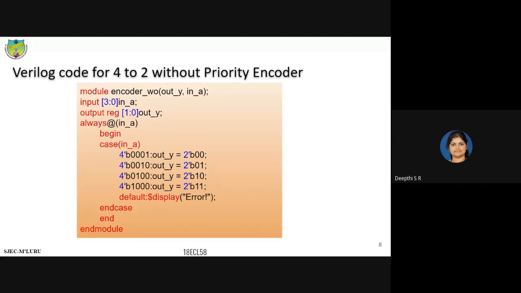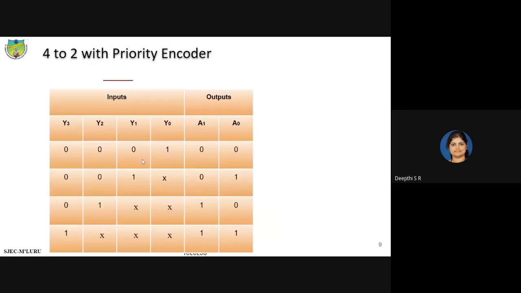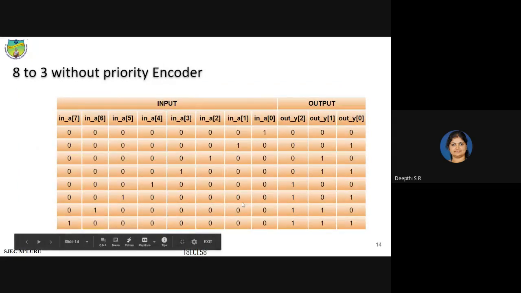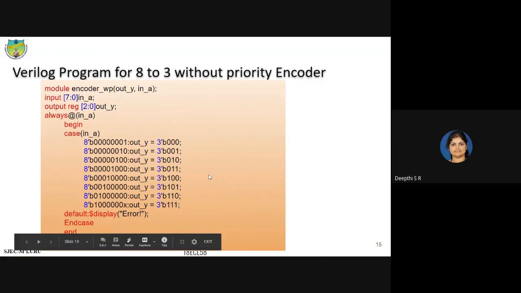Then inside the case statement, you need to add some lines. In this code you have 4 input combinations, whereas for the 8:3 encoder, you will have 8 input combinations. So this is the code for the 8:3 encoder without priority.